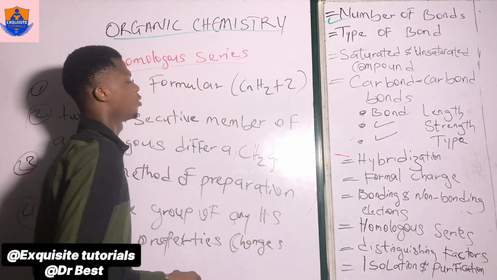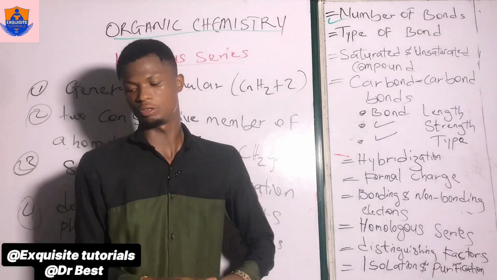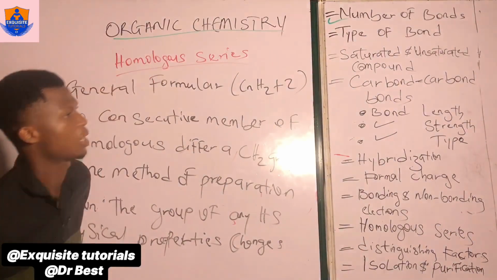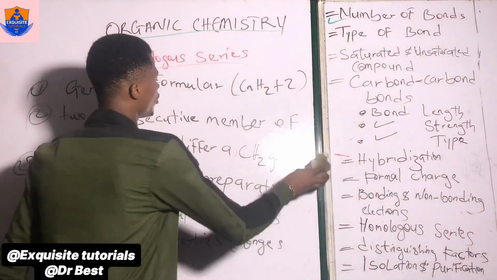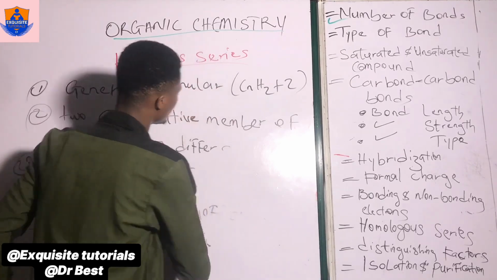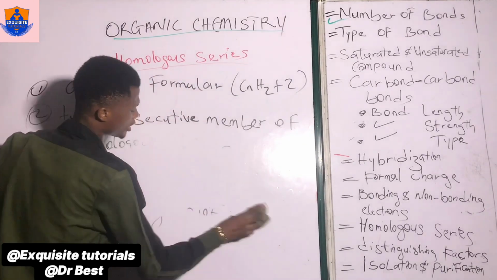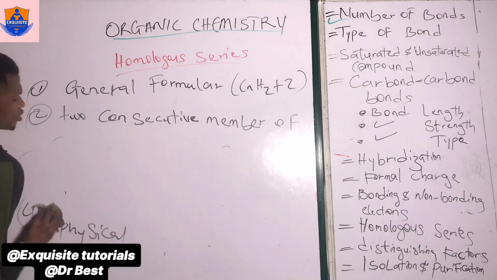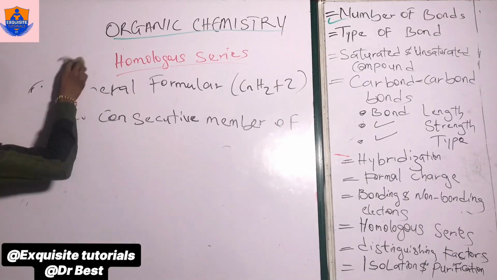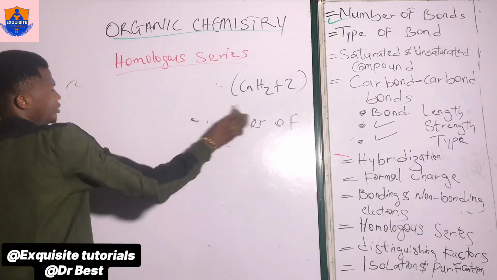When you go down the group of any homologous series, you're going to experience changes in physical properties. Now, let's look into some of these changes in physical properties. This is something that you should actually take note of.